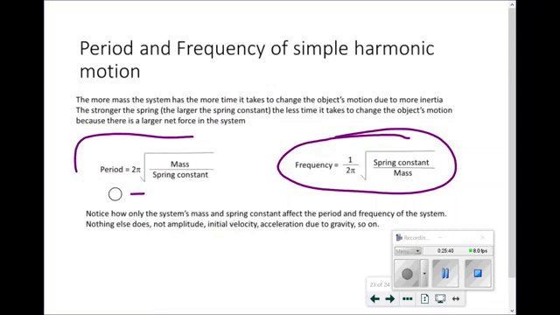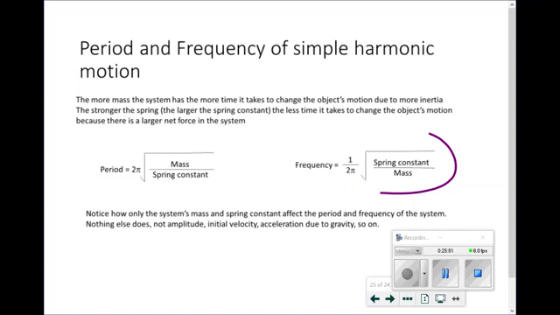People often become very confused with this because they only look at this equation and don't think about the relationship on how mass affects motion or how spring constant affects the force of the spring. And if you just keep that part in mind, this is going to be much easier for you because conceptually, if I increase the mass, I'm definitely going to see a greater period in time.